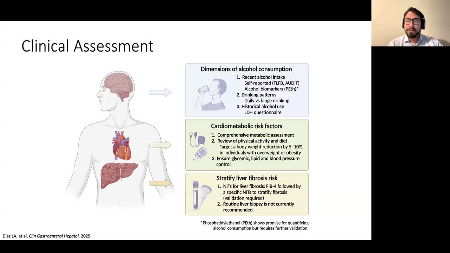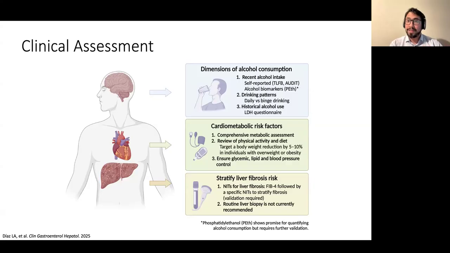And even if the evidence is not so strong showing that alcohol can increase the risk of severe phenotypes of drug-induced liver injury, there's some data showing that people with acute liver failure caused by acetaminophen can have a higher severity if that is associated with a higher level of alcohol intake.